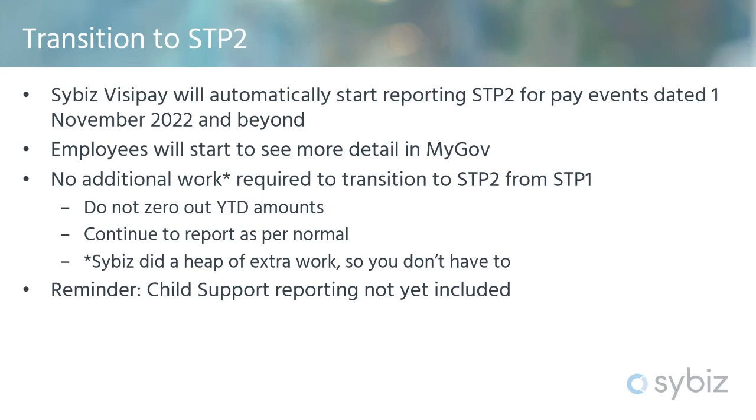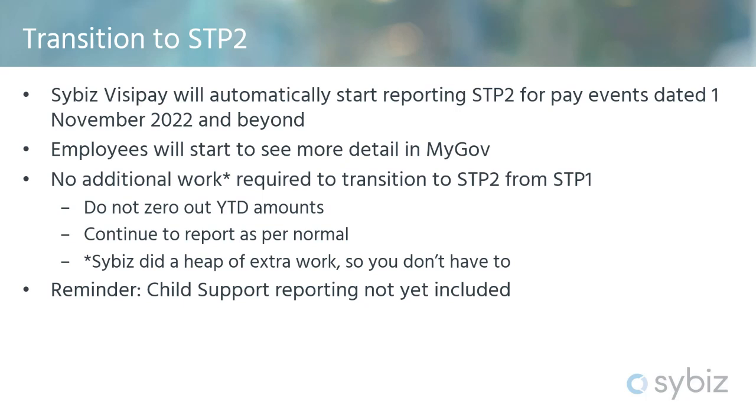Another thing that could cause a little bit of confusion is employees will start to see more detail in MyGov. So if they are quite diligent and have a look at their MyGov account from time to time, they're going to see some more information that might cause them a little bit of confusion, particularly with the way some things are categorized in STP2. For example, if leave loading is provided purely related to the loss of opportunity for overtime, that would get reported as overtime.